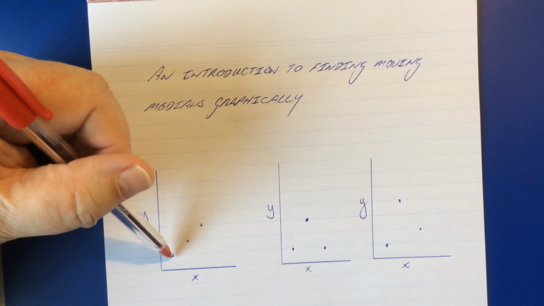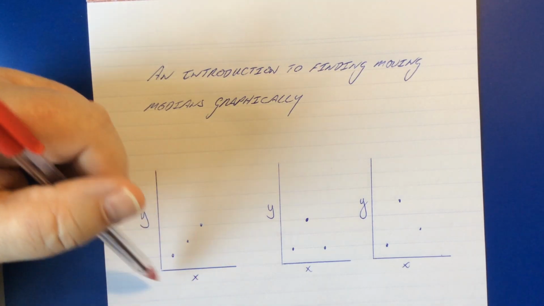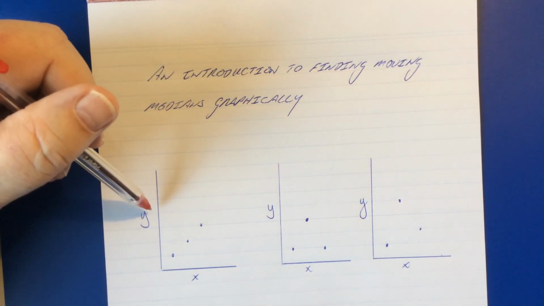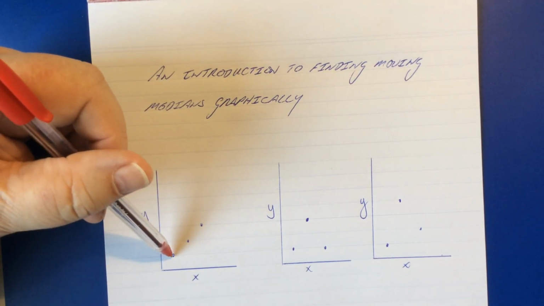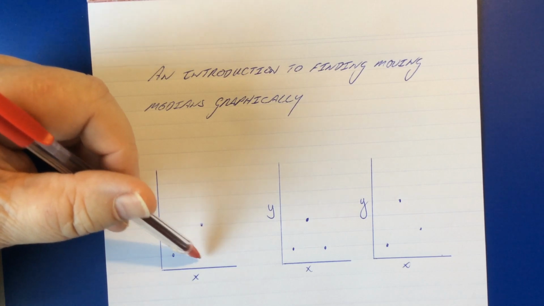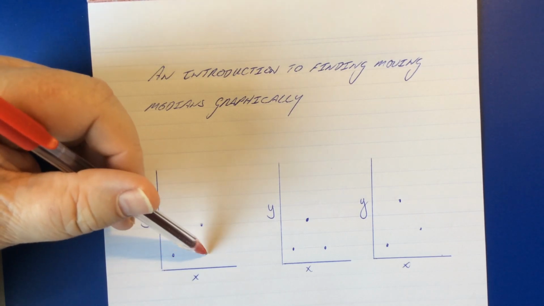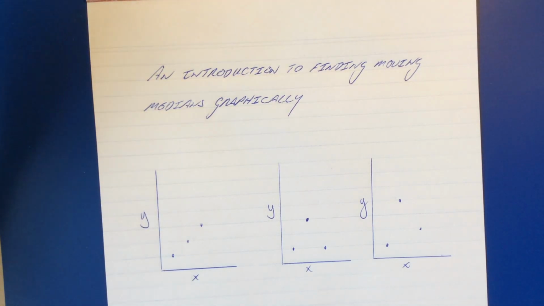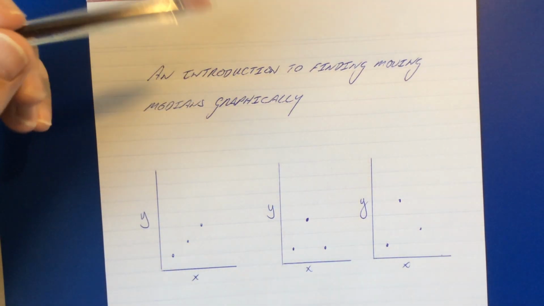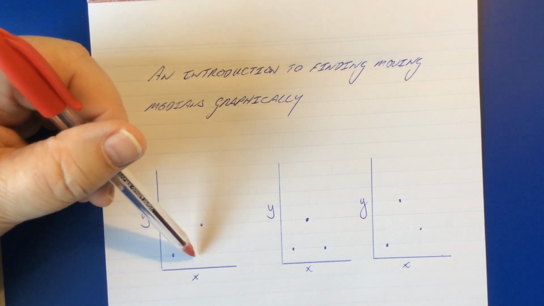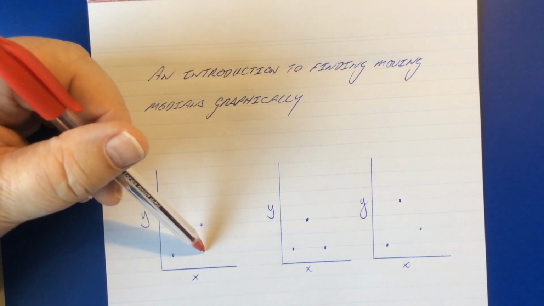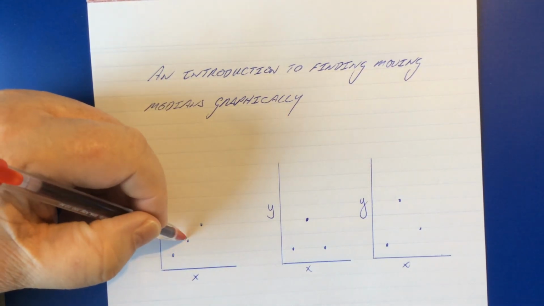What we do, because this is a graph of bivariate data, and that's important, is we work our way across the x values. Now this is going to be a 3-point moving median, and I'm just finding the first point in each one of these. So we move across the x values, 1, 2, 3, and we take the middle value.